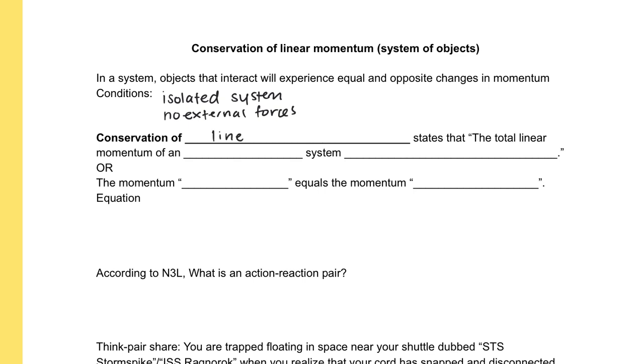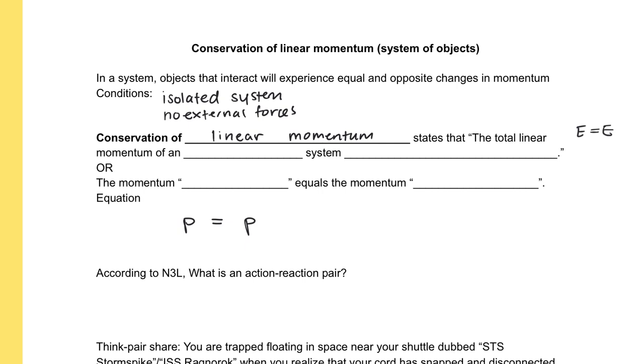So that brings us to the conservation of linear momentum. That's going to be a law that you may or may not use on your FRQ. So this conservation of linear momentum is going to be very similar to your energy equations, where you know how for energy, we have E equals E? Well, guess what this is going to be? Momentum equals momentum.